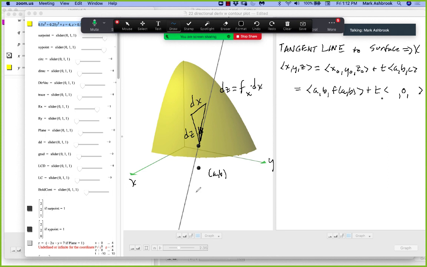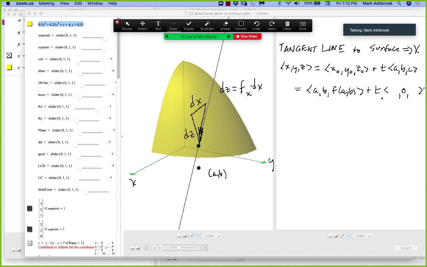So there's no requirement for the magnitude of this vector. We just need x and z to be in the right proportion. So we can pick dx to be anything we want. What's the easiest choice we can make for dx? 1.